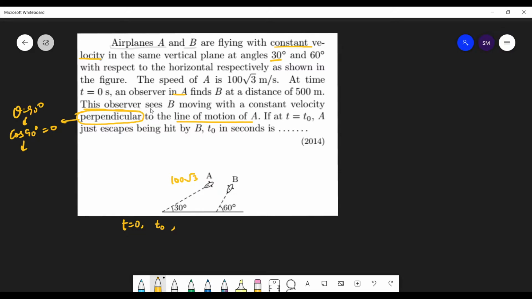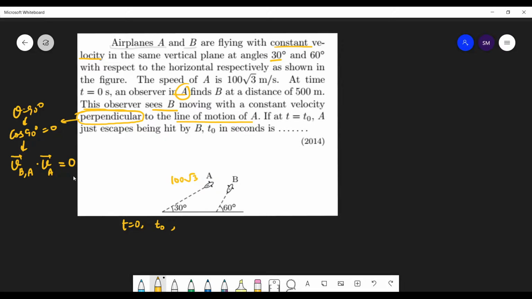The observer is sitting in A and looking at B, so the velocity of B with respect to A is perpendicular to the line of the motion of A. Line of the motion means velocity. So VBA dot VA is 0.